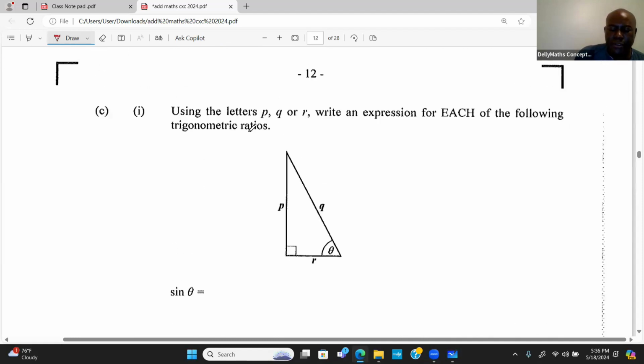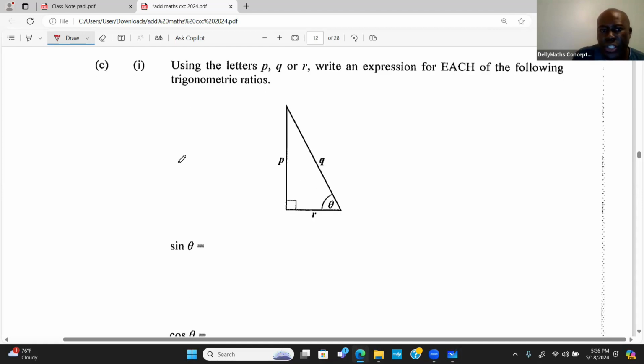All right, let's grab this other question now. It says using P, Q or R, write an expression for each of the following trig ratios. The sine of theta, remember, this is SOH-CAH-TOA.